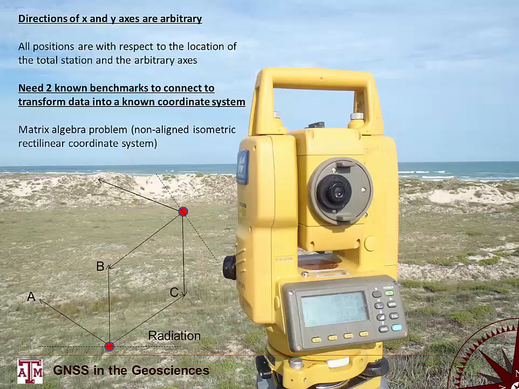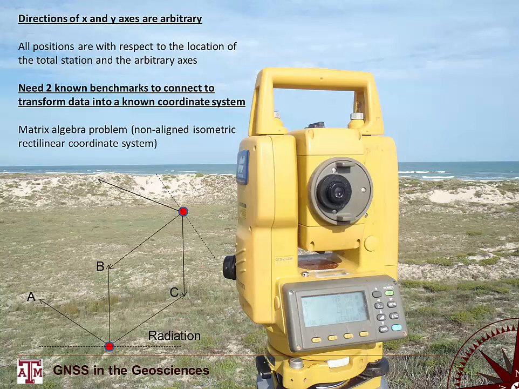When using a total station alone without any external reference points or benchmarks, the direction and orientation of the x and y axes are arbitrary. The x and y axes are set by the unit internally, and it's not in any particular direction. It's not necessarily that x or y is aligned north, south, east, or west.